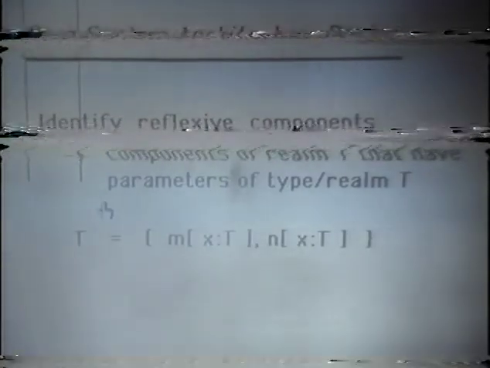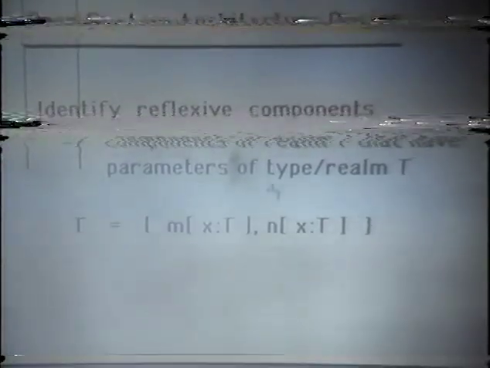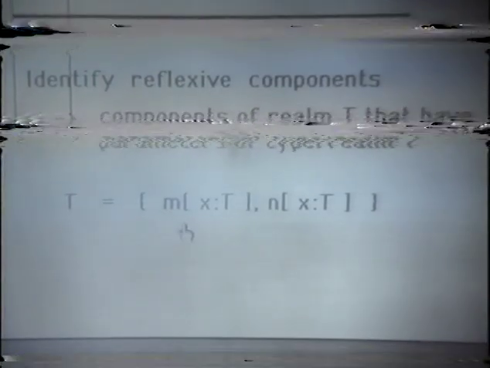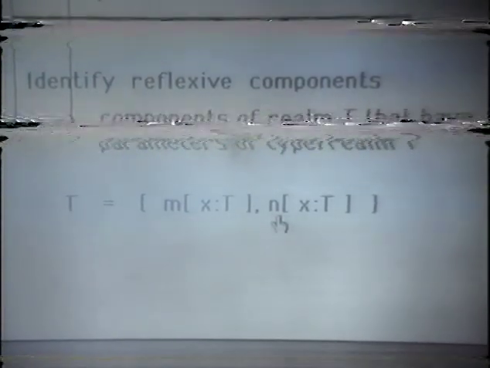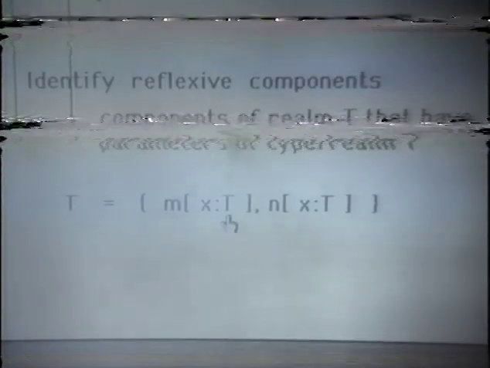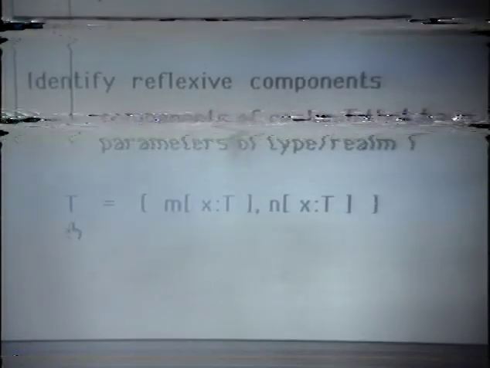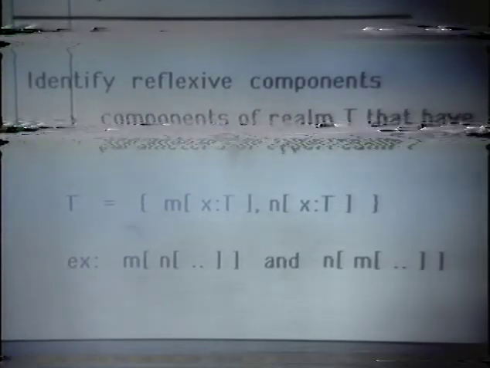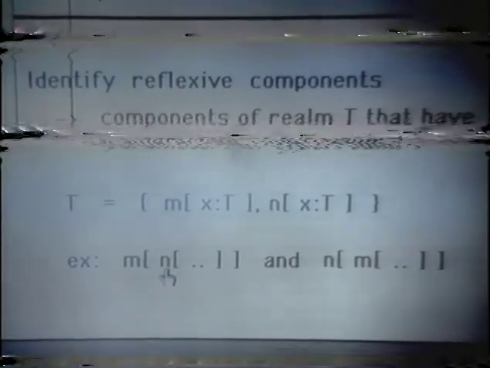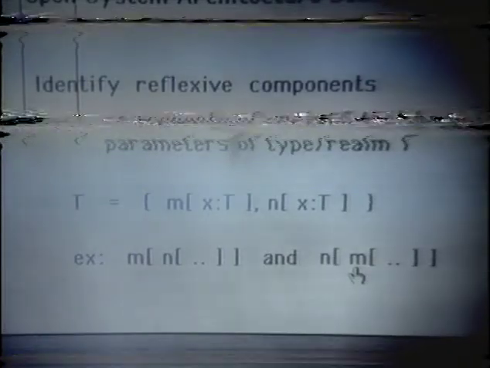Or, in terms of our formalism, components of some realm T that have parameters of type T. Here's an example realm T, which has two components, M and N. Both of these components have a single parameter of type T, which means that they're reflexive. Again, reflexive components can be composed in arbitrary orders, which means that M can sit on top of N, and also N can sit on top of M.